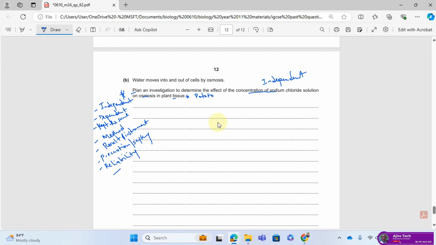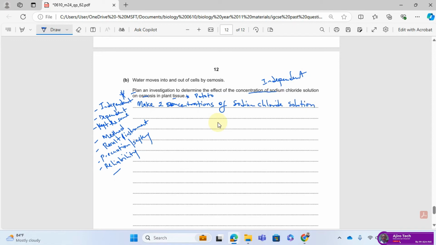First you have to talk about how you get your independent variable. So for the independent variable, you can do 2 or 3 concentrations. Make 2 concentrations of sodium chloride solution.